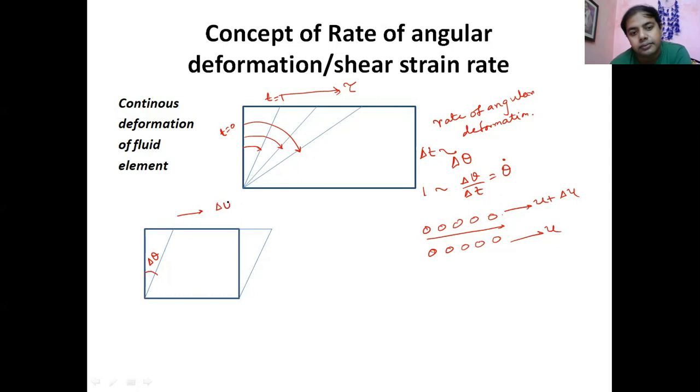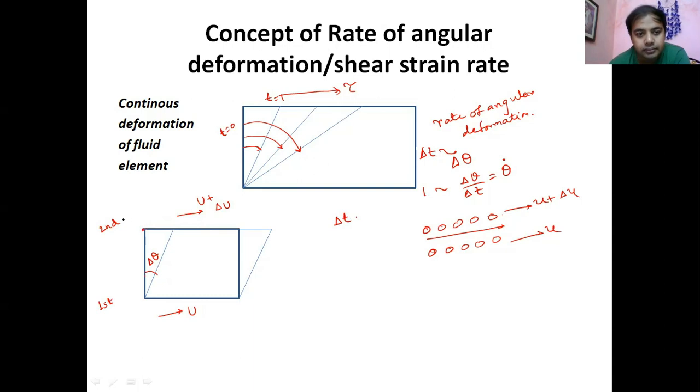Delta U, so U plus delta U. We are considering two layers. Due to the velocity, the angle change occurs in delta t time.